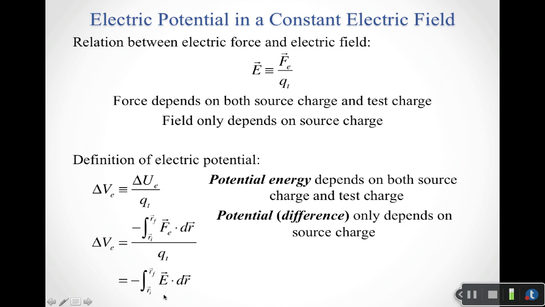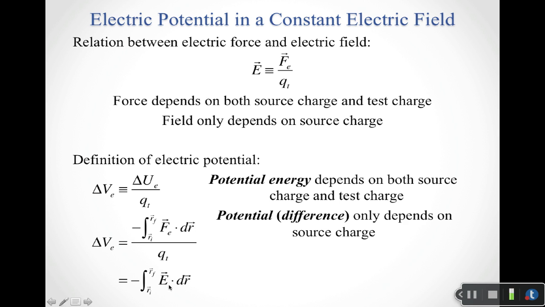So our electric potential difference, sort of fundamentally, how do we get this? Well, it's going to be negative an integral from some initial position to some final position of the dot product of the electric field with these infinitesimal little steps that you take in going from where you start to where you finish up.